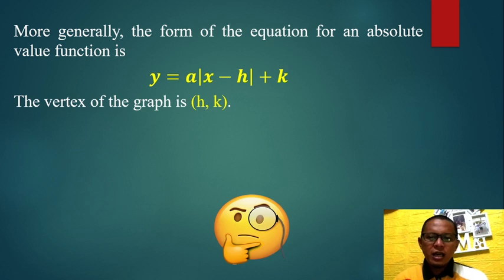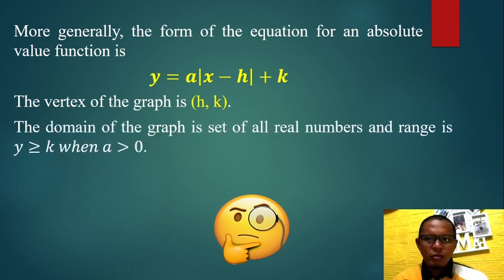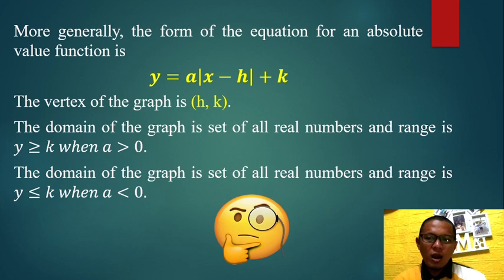The vertex of the graph is h and k, and the domain of the graph is the set of real numbers, and the range is y is greater than or equal to k when a is greater than 0, and y is less than or equal to k when a is less than 0.